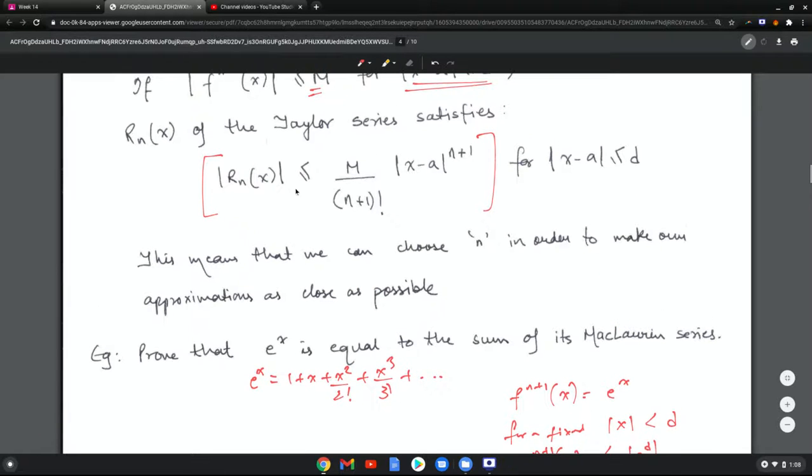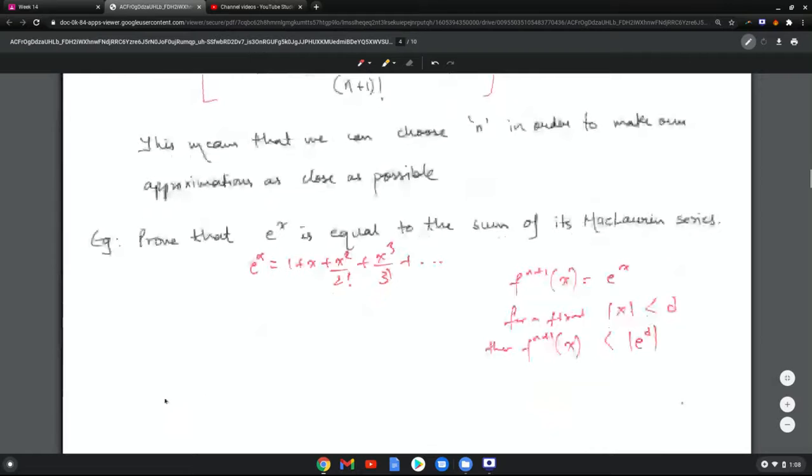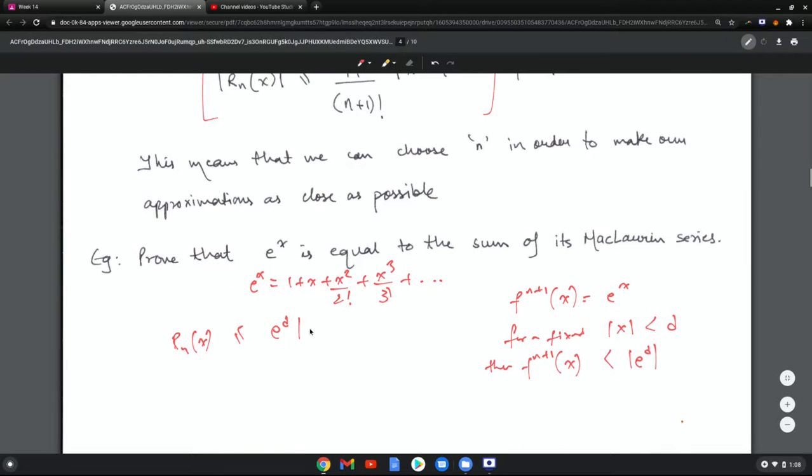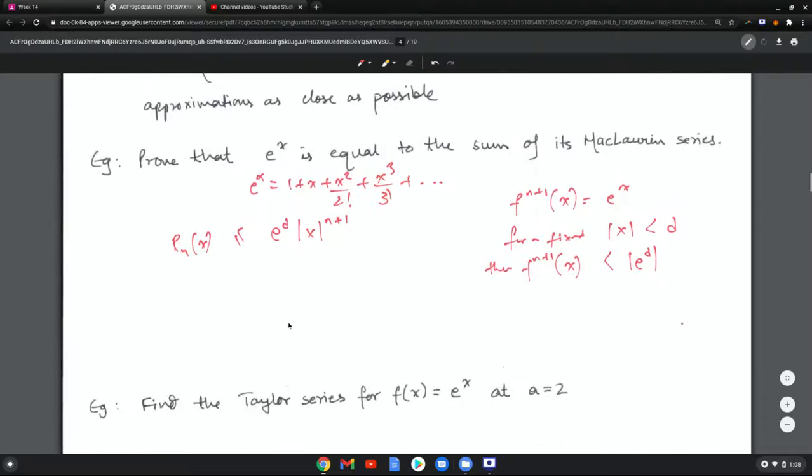Then this result right here says that the remainder Rn of x is going to be less than e to the d times x to the n plus 1 over n plus 1 factorial.